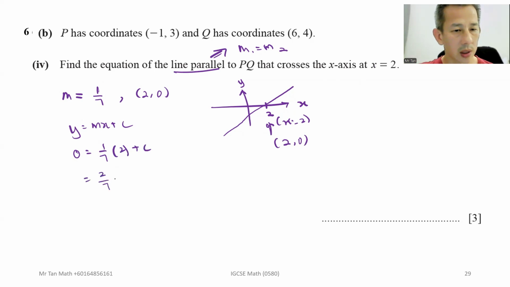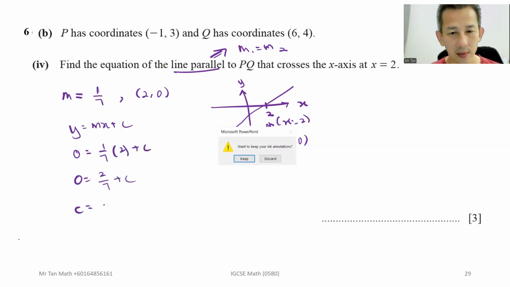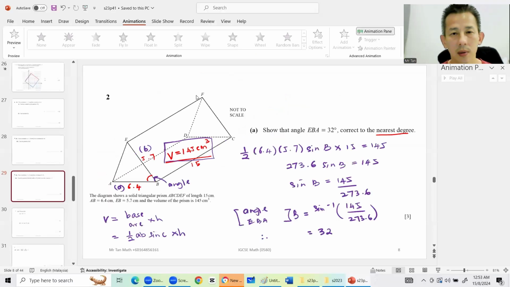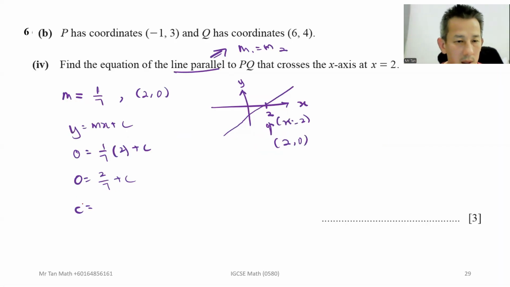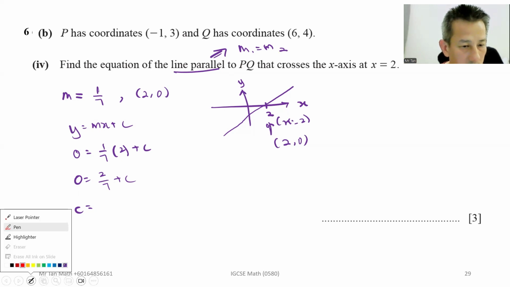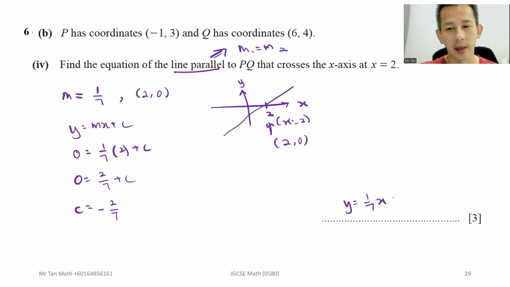So 0 equals 2 over 7 plus c. Therefore, your c equals negative 2 over 7. So the equation should be y equals 1 over 7 x minus 2 over 7.